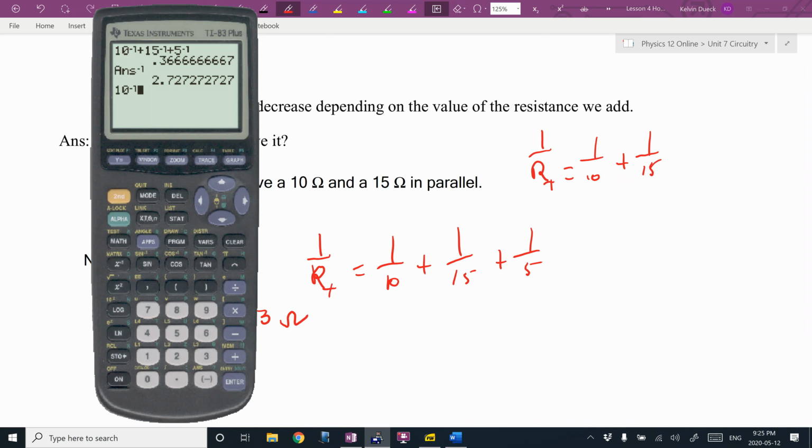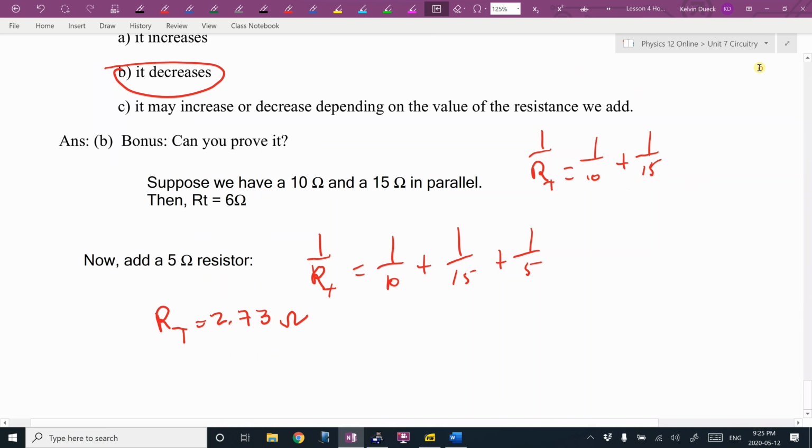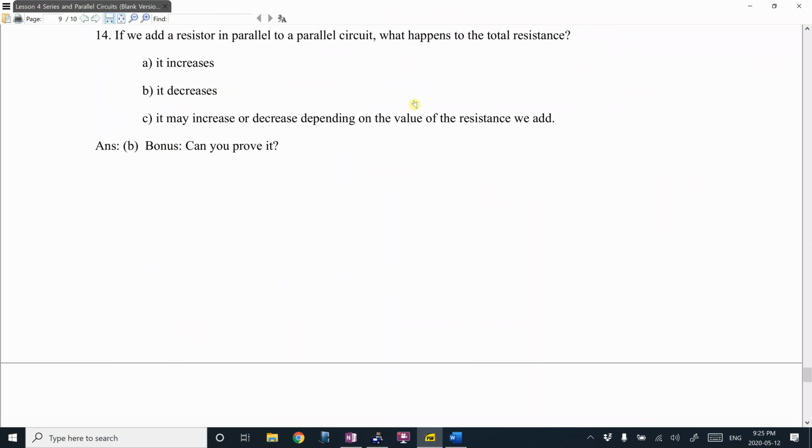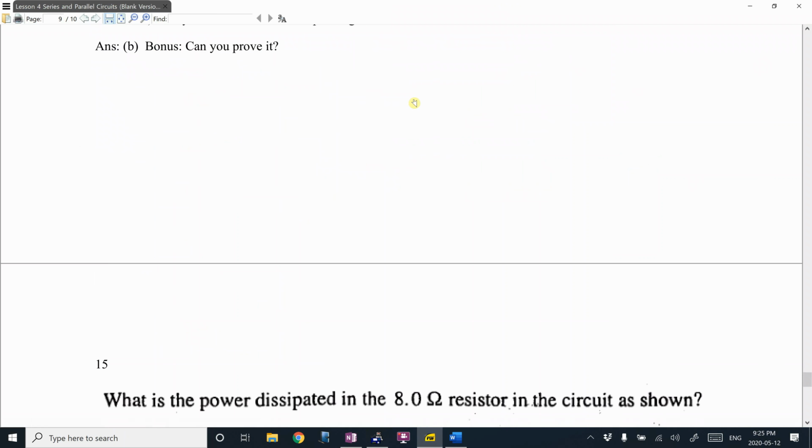If I go 10 reciprocal plus 15 reciprocal plus 2 reciprocal, told you. So there's a bit of a built-in error check there. You can survive without that, but it's kind of handy. Can you prove it? I did a numerical example, which actually isn't a proof, but it can be proven if you really want to.